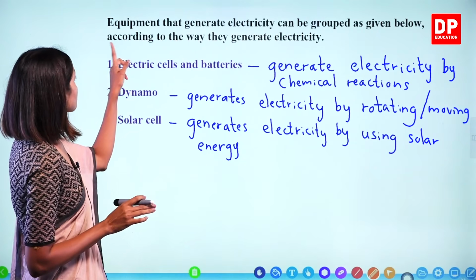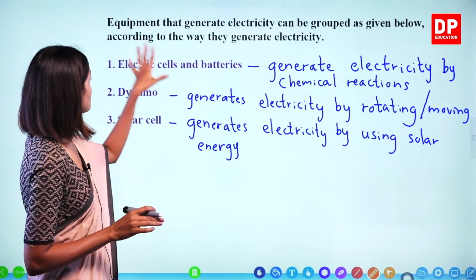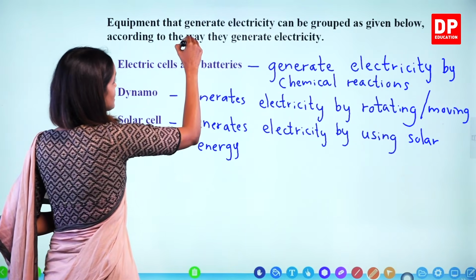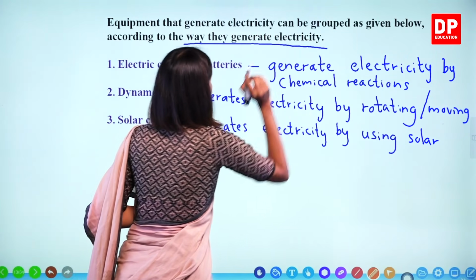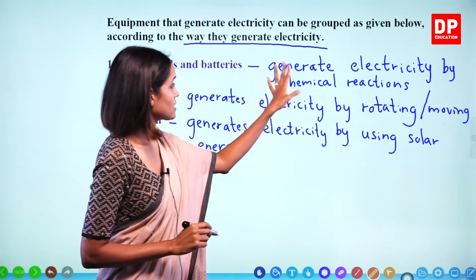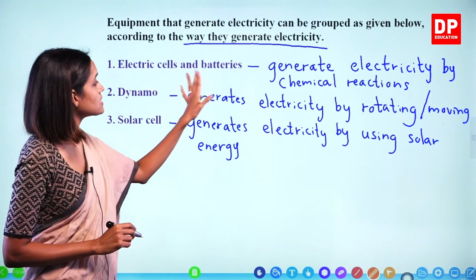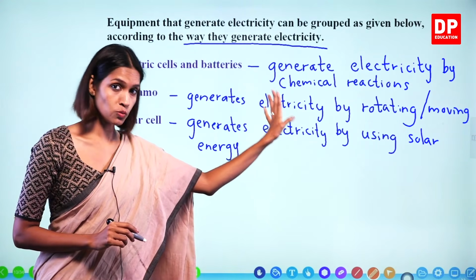Understand? Equipment that generate electricity can be grouped as given below according to the way they generate electricity. Electric cells and batteries generate electricity by chemical reactions. Dynamo generates electricity by rotating or moving.